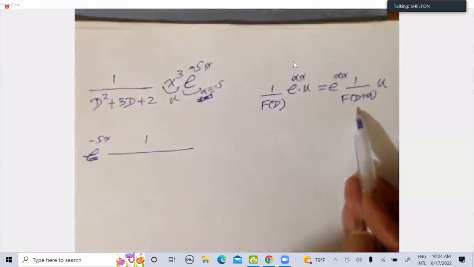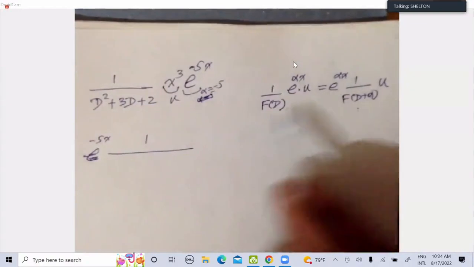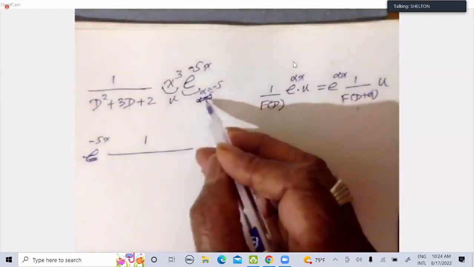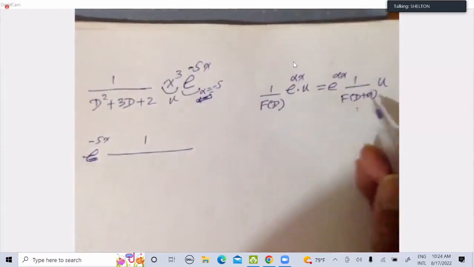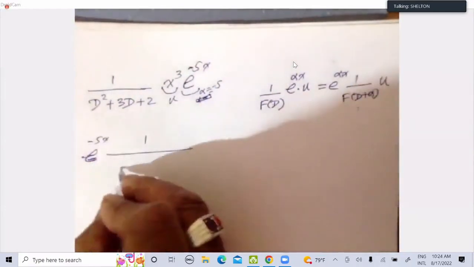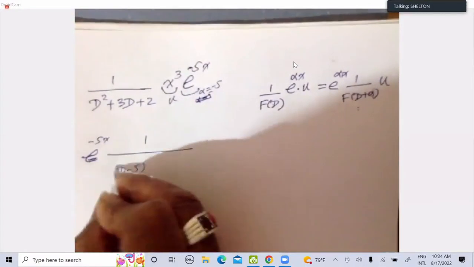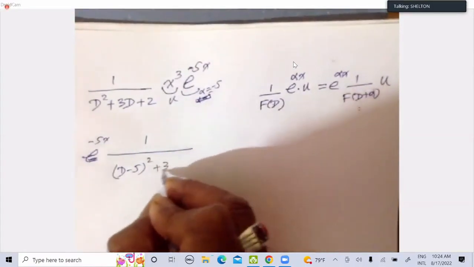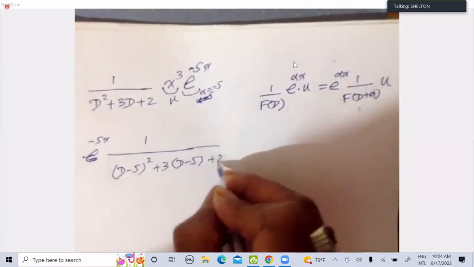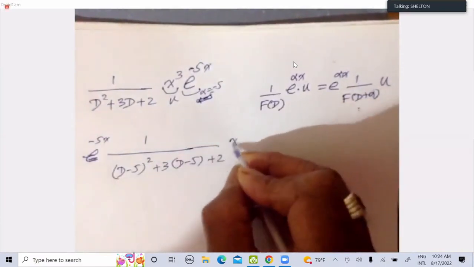How do you apply this result? With e to the alpha x taken out, d is replaced by d plus alpha. So d minus 5. Instead of d, I have to write d minus 5 squared plus 3 times d minus 5 plus 2, acting on x cubed.